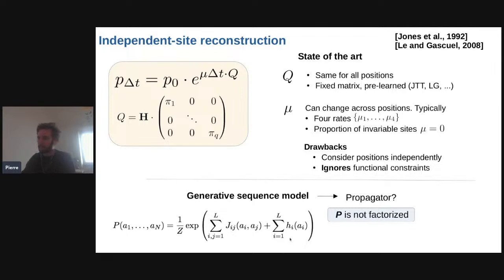Obviously it's not independent. So you're back to the same problem that you will have to sum over all possible sequences at each internal node, and you don't know how to do this. So you somehow need to find a way to take this epistasis into account, but still keeping the hypothesis of having one matrix per sequence position and doing one position after the other.